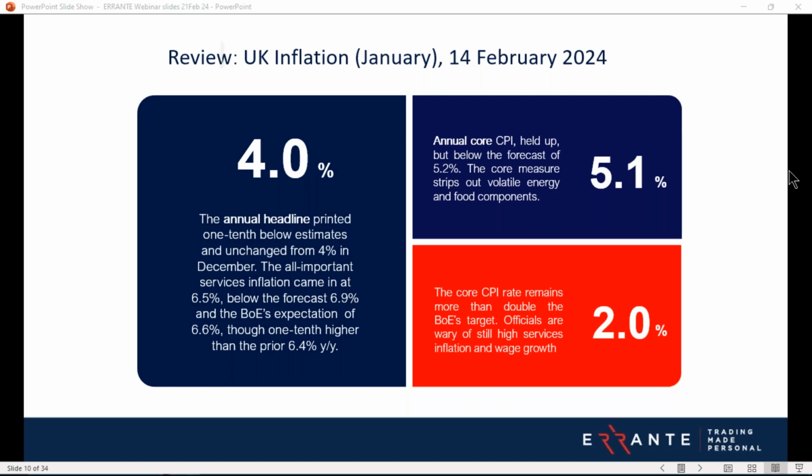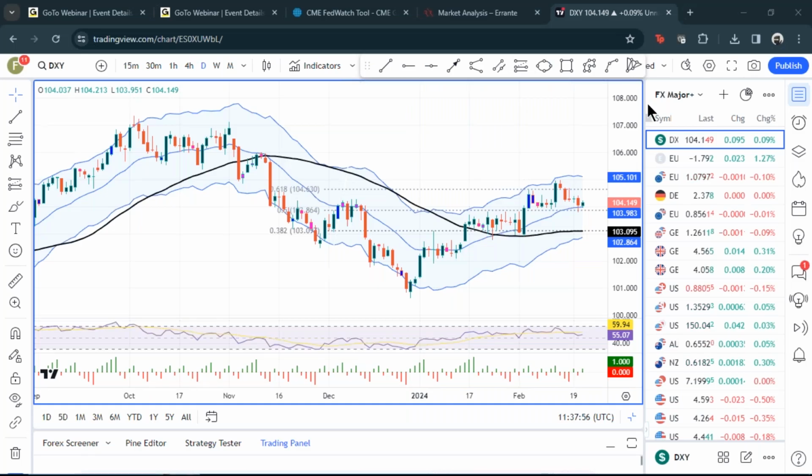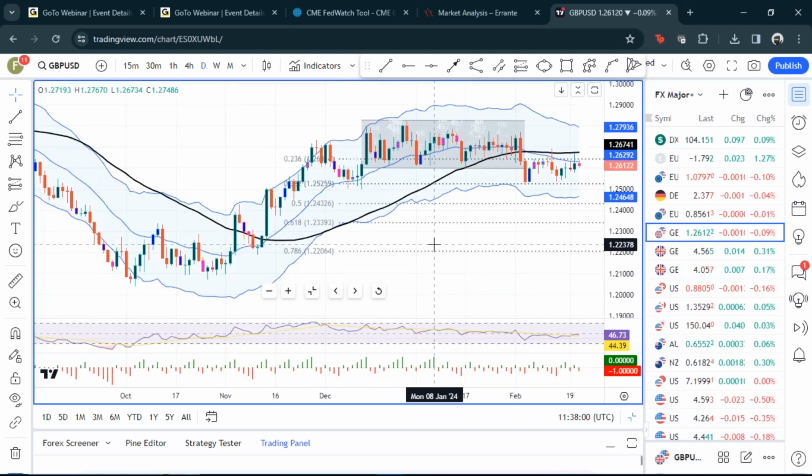Yeah, so that's the UK. We'll look at cable as well. Interesting for us, overnight last night we did get some mildly dovish comments from the Bank of England's Governor, Andrew Bailey.